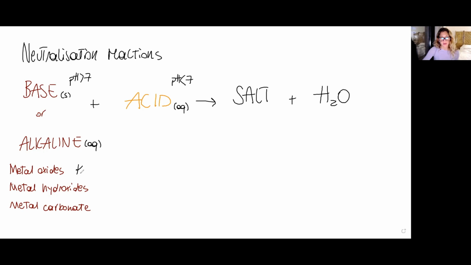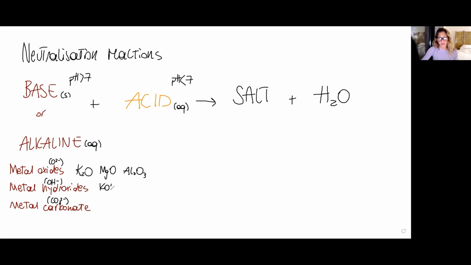Let's write some examples: potassium oxide, magnesium oxide, aluminium oxide. Just remember how to write the formula of these compounds, because oxygen has a charge of 2-. Hydroxide and carbonate are polyatomic ions that we need to remember the formula of. Hydroxide is OH-. Carbonate is CO3 2-. So we need to learn how to write these formulas.